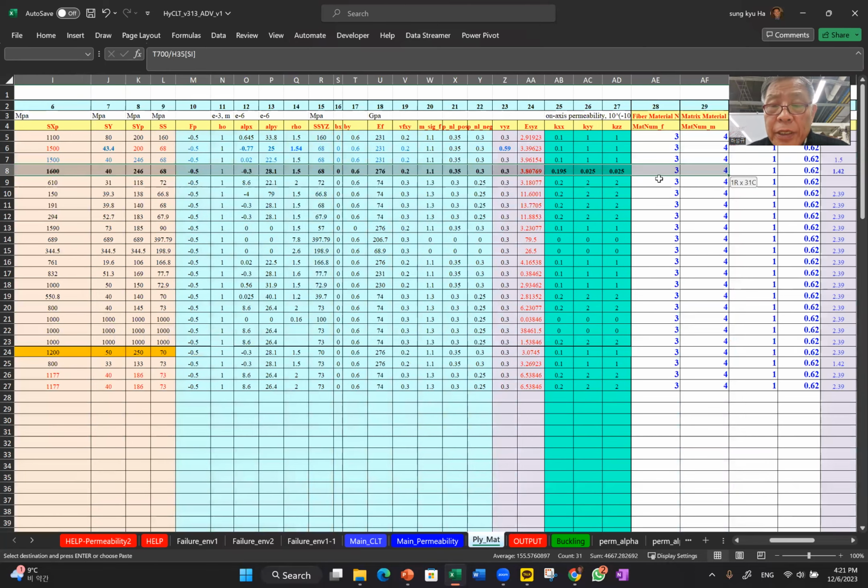An important material property here is the on-axis permeability. Usually the order is 10 to the minus 10. So here KXX is the uniaxial on-axis permeability. KXX is 0.195 and in the Y direction 0.025. This is the order of the permeability.